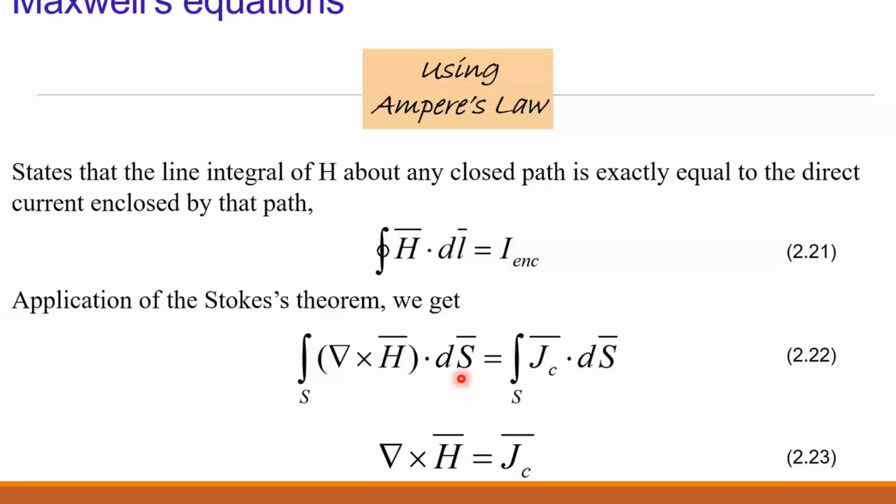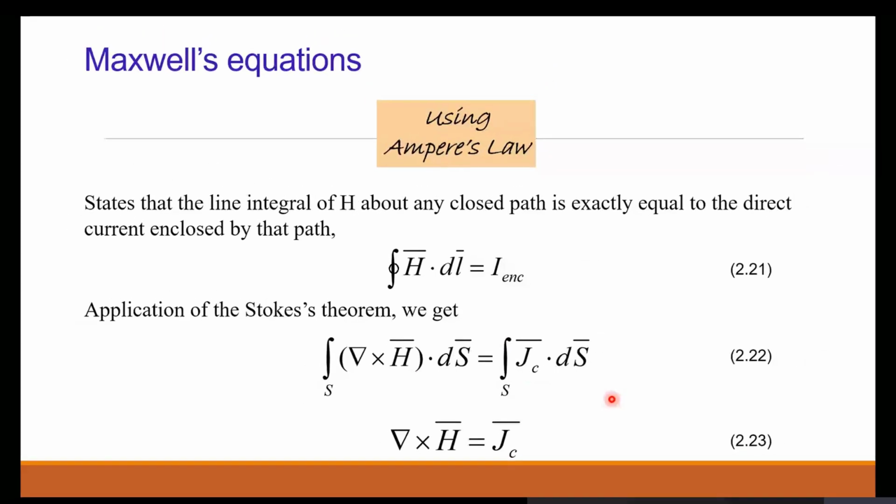Or we can say it reversely, because what is I enclosed? This Jc dot dS bar comes from this I. Jc is conduction current density and I is the enclosed current, that is conducted, and because of this the field is generated, right?